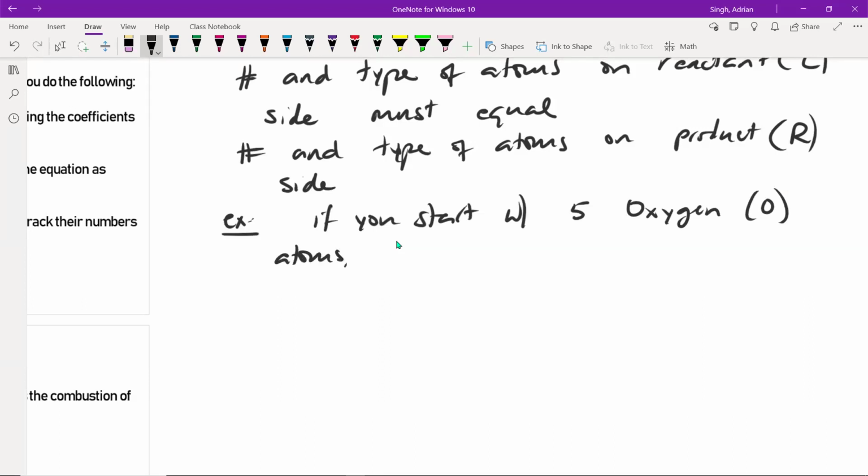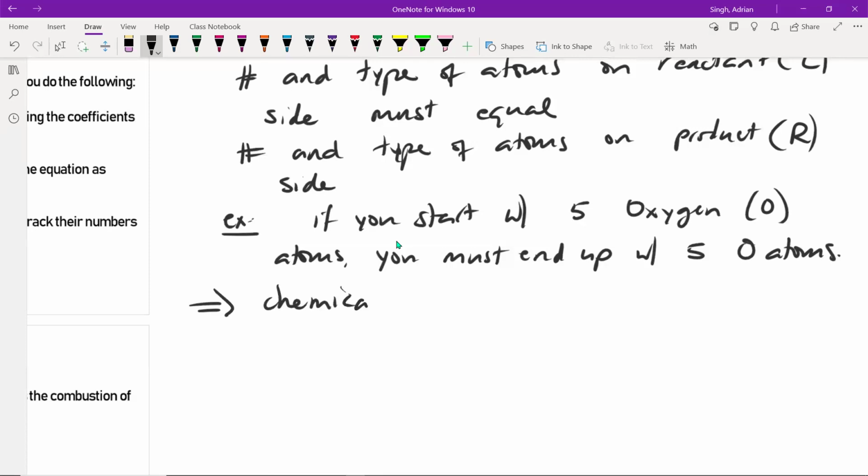You must end up with 5. They're not created or destroyed, but they can be combined with other things to make new substances. That's the hallmark of chemical reactions, chemical changes, but they need to be there. So what we're going to do is a little bit of chemical accounting in the next section.